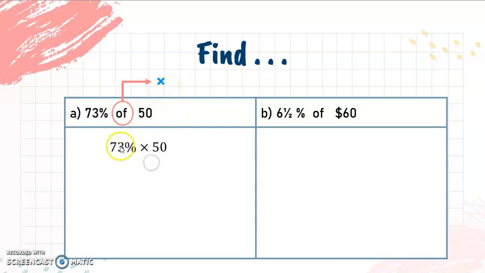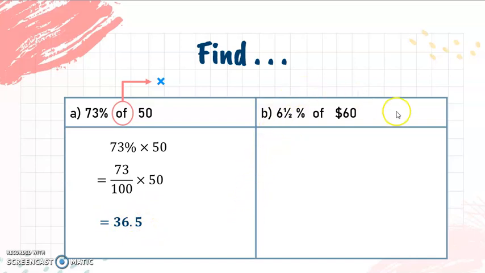So we can say 73% multiply with 50. In this case, we can convert this percentage into a fraction. So 73 out of 100 multiply 50, then you get 36.5. So 73% of 50 is equal to 36.5.